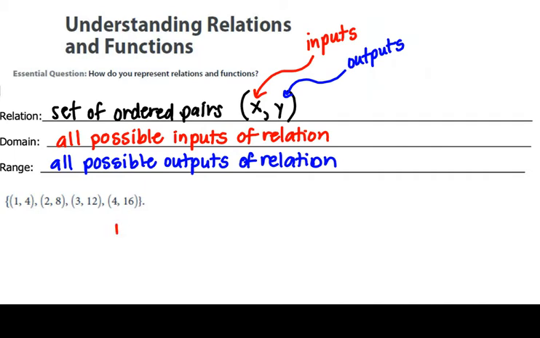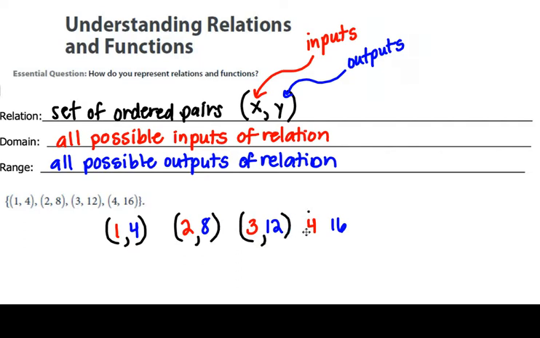So what I'm doing is I'm just going to rewrite this using color so that you can clearly see all the possible inputs of this particular relation, separated by commas, and then we have braces. We have 4 ordered pairs in this relation.